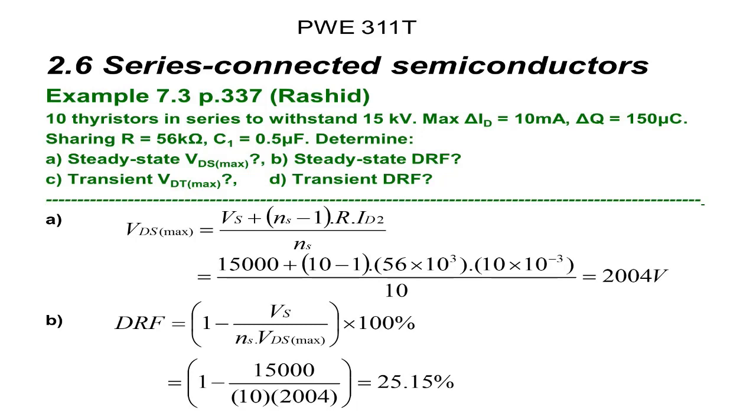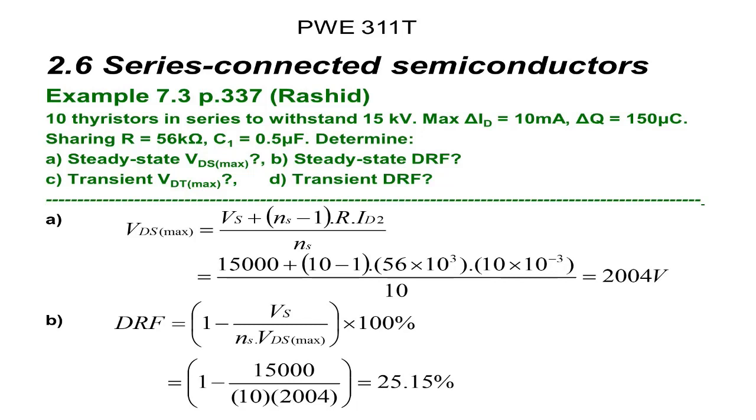Now, the sharing resistance is 56 kilo ohms. E1 is 0.5. We also calculate the steady state VDS maximum and the transient VDT maximum, and also calculate the steady state derating factor and transient derating factor. So you just try to get the formulas.